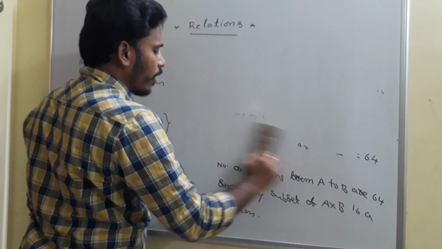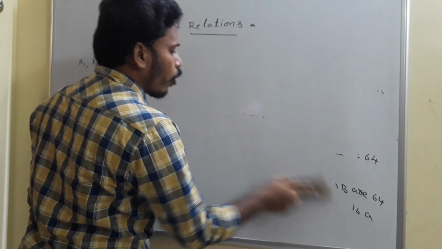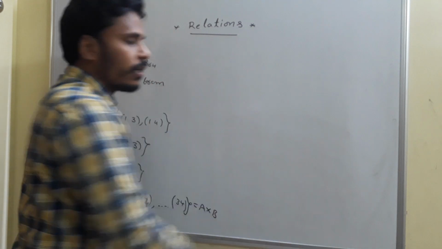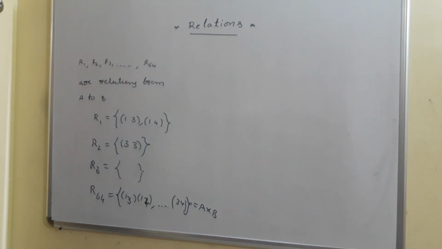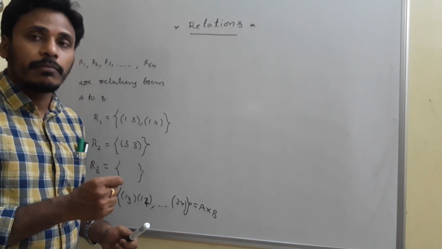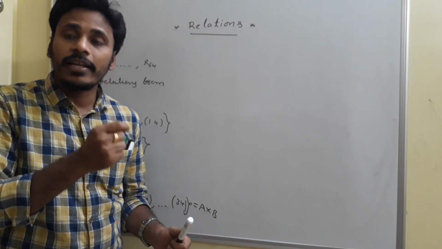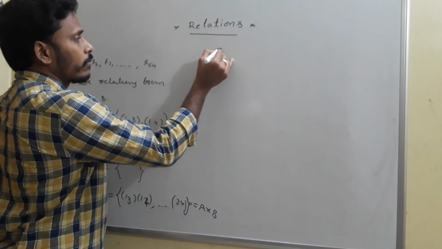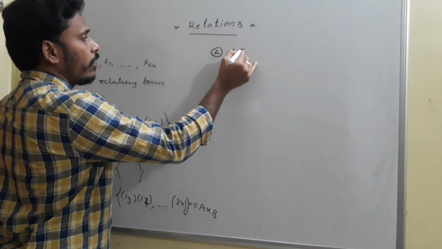We usually call it the rule of the relation or the property of the relation. The rule of the relation is simply a rule which is satisfied by every element of the relation.